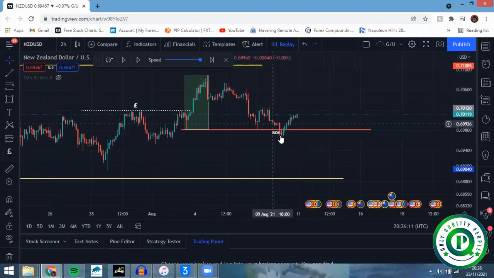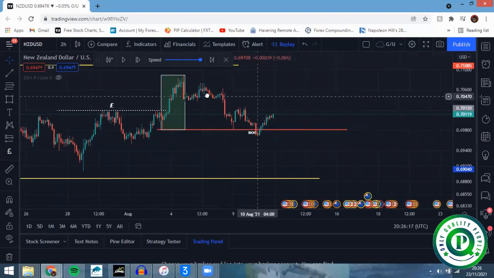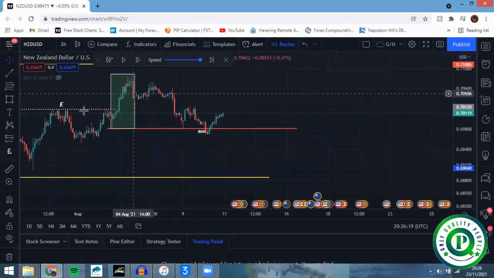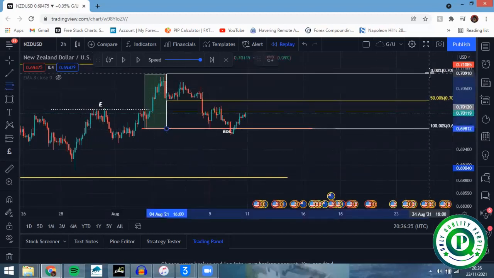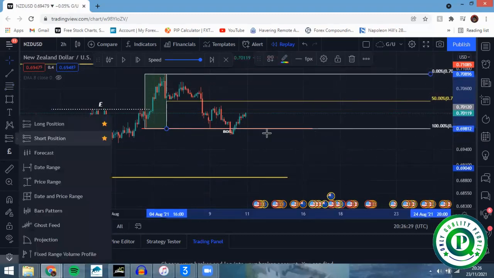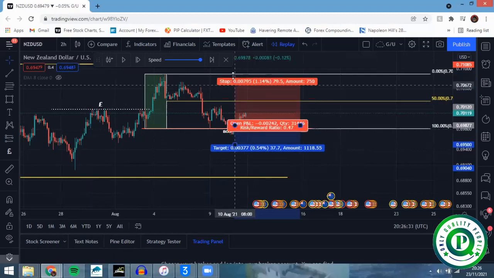A lot of people tend to prefer that it comes down a lot lower and then comes back. I'm quite similar in a sense, but I'm not too fast. So we have our institutional candle, we have our liquidity, we have our BOS, and I'll bring up my Fibonacci like I've done here, and I'll put in a sell position, perhaps off the open or the 50%.